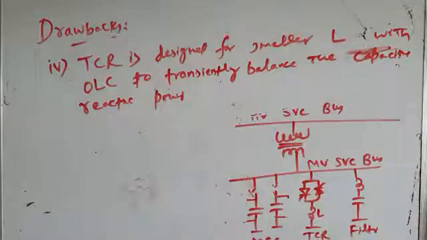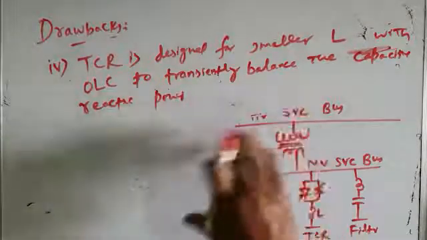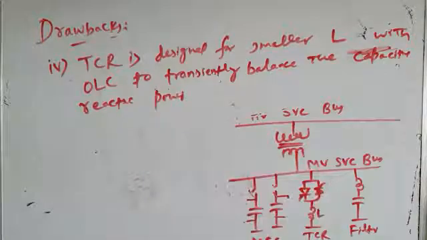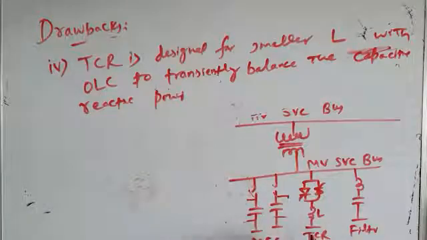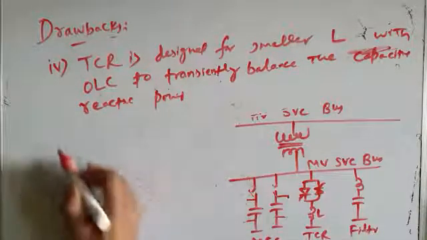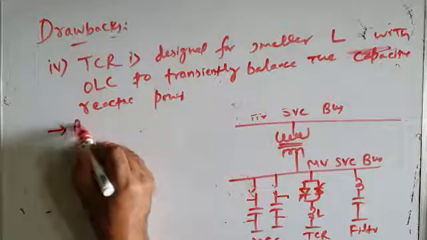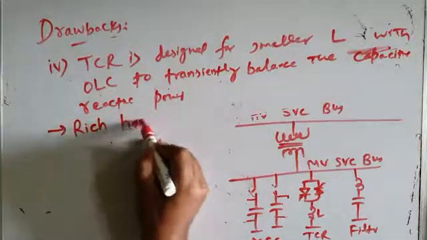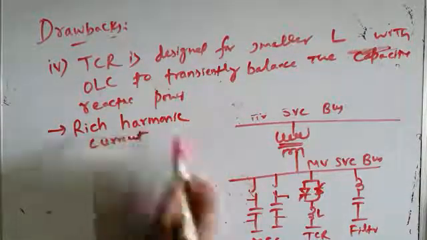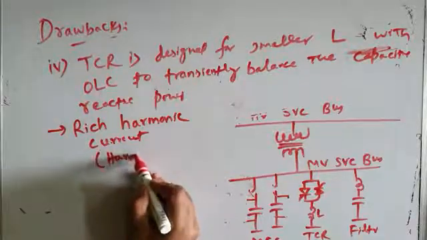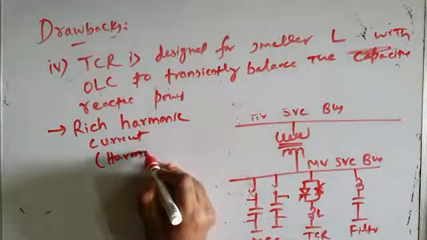So the TCR is operated at a certain delay angle and it balances the capacitive reactive power output of this capacitor bank. But in MSC TCR type SVC, it is designed for a low value of inductance, but not for a high value of inductance. And when a TCR has a low value of inductance, it will draw rich harmonic currents. The harmonic content in the currents will be very high compared to a TCR with a high value of inductance.